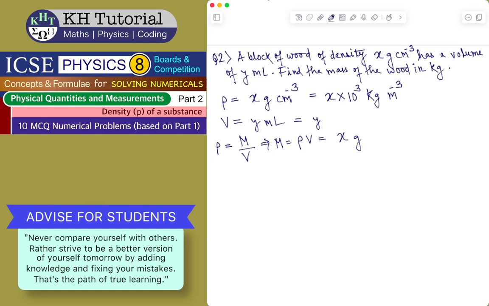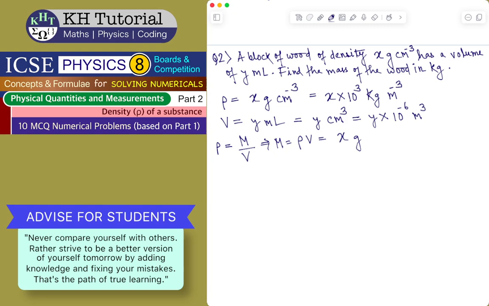So the volume given as y milliliter is nothing but y centimeter cube. Now I have to convert this centimeter cube to meter cube. So this will be y multiplied by 10 to the power minus 6 meter cube. So now I have converted the value of density and volume into SI unit.